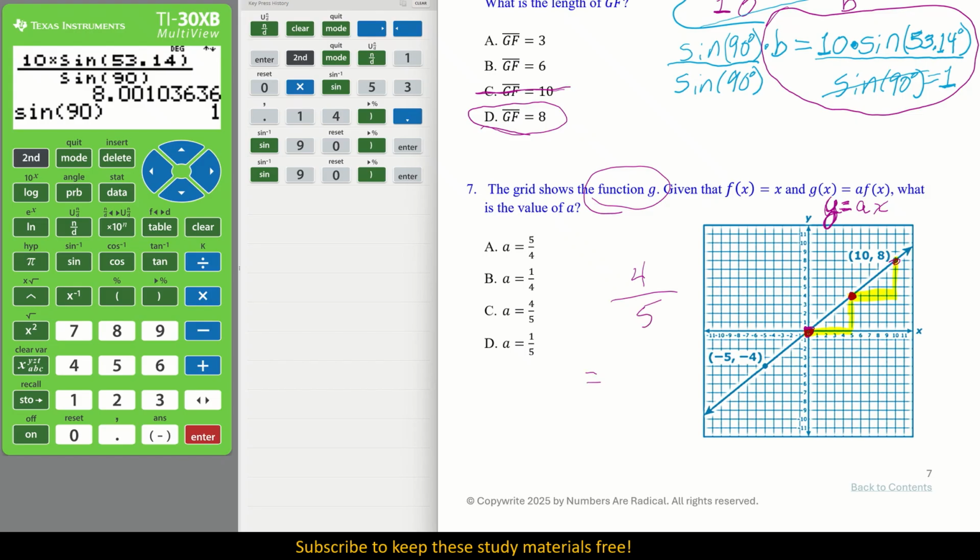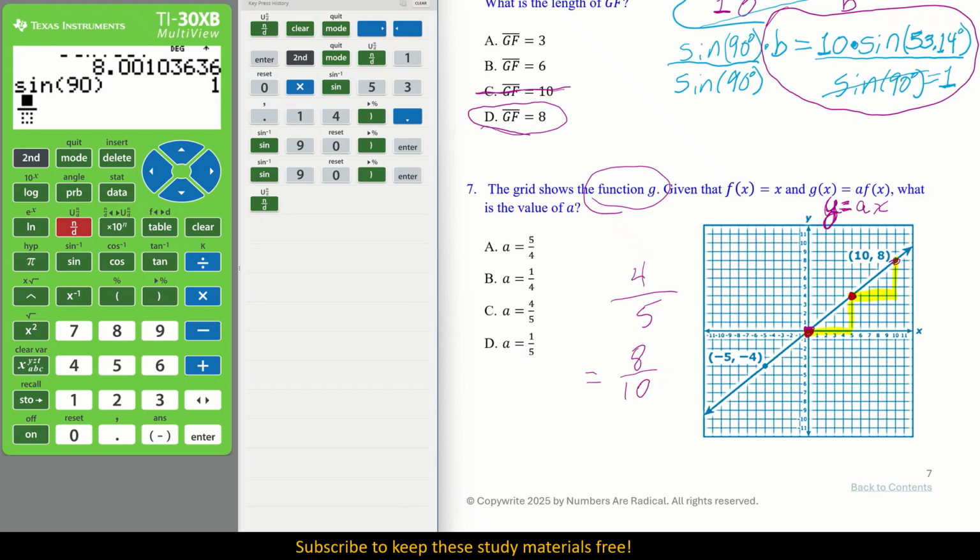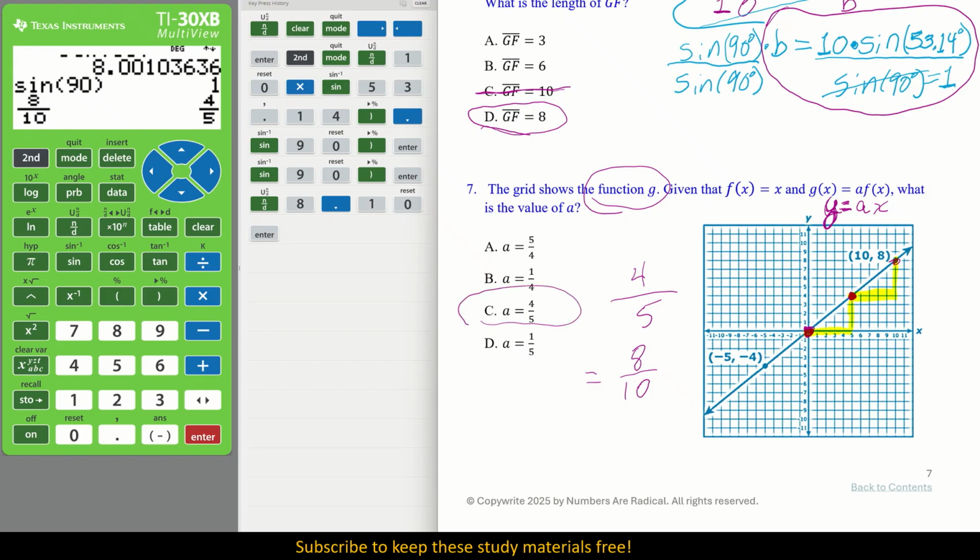Or we know that that would be 8 over the 10 because it started at 0. You can do that, and just pop it in your calculator if you don't want to make any errors, and you see that it goes through 0. Just do your y over your x and it gives you 4 over 5. So you see, option C is exactly what we need. They're just trying to get you lost in the math, the communication of the math, and see if you make that proper connection.